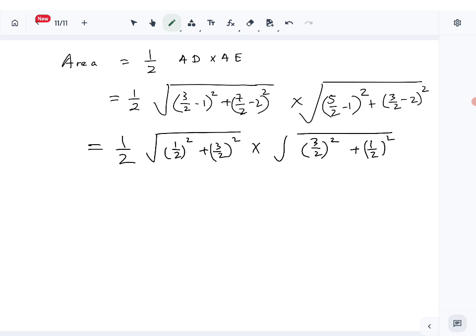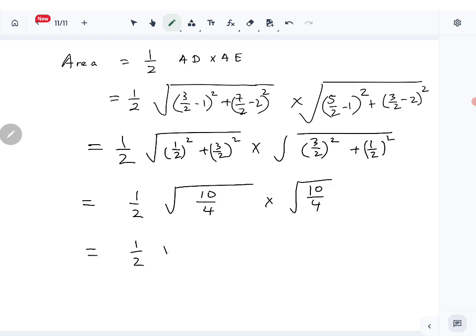Half squared, yes. So half into 1 over 4 plus 9 over 4, that is 10 over 4, into 10 over 4.